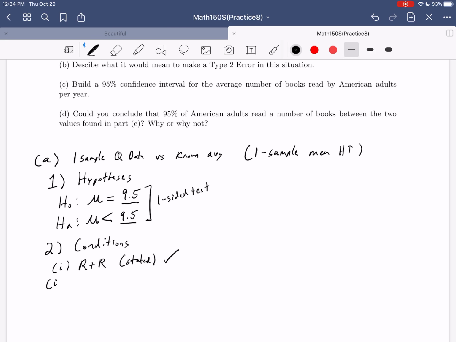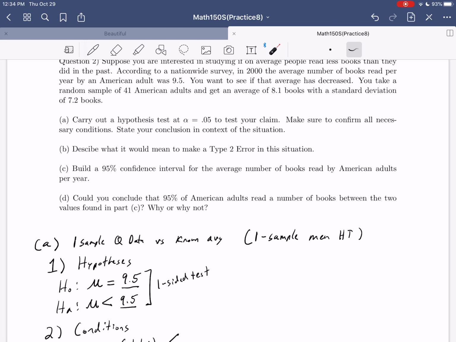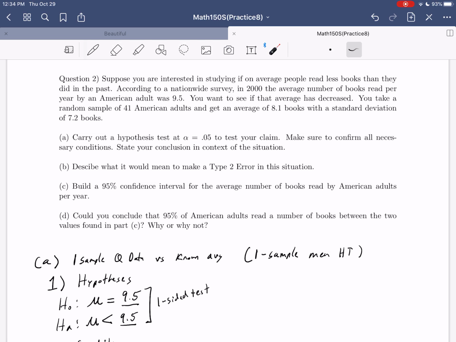Then the second thing we need to do is confirm that the sample size is less than 5% of the population size. Now again, sometimes we don't have information about the population size. If we look here, what is the population that we're studying? Well, we're studying American adults. There's no mention in here of how many American adults there are. Remember that 41 is our sample size, but that's not the population size.